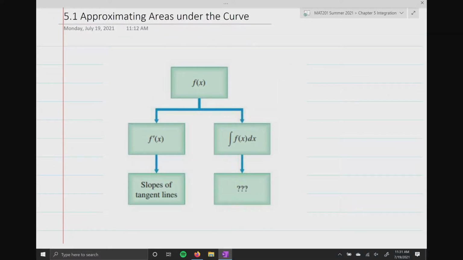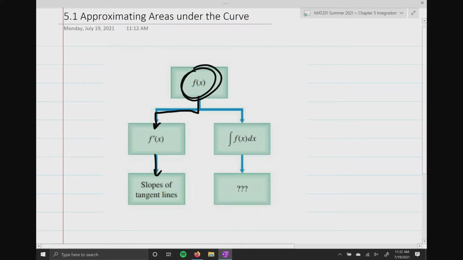So the idea behind this is we know that if you have a function, f of x, so I'm just going to circle f of x here, and we know that if we take the derivative of this function, so we just follow this little arrow down, the little flow chart, we get slopes of the tangent line, okay?